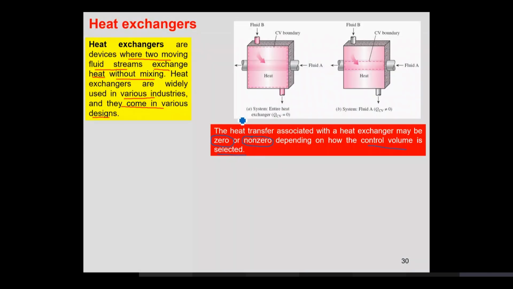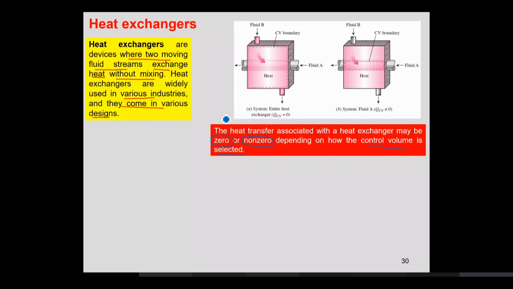For instance, I have the same heat exchanger. What is happening in this heat exchanger is that there is a fluid A going through a pipe and leaving from this side.